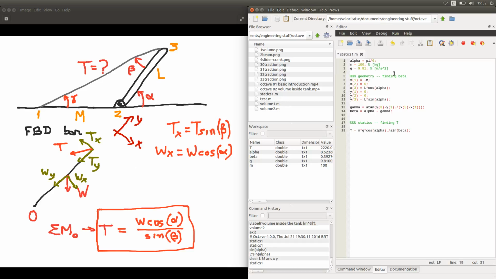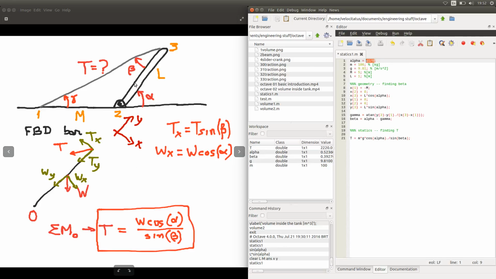Now we need to define these two new variables, so let's give a length m maybe the value of 5 meters, and also we need the length of the bar, which we can say maybe 1 meter. And also now we don't want alpha to be a fixed value, we want an array of values for alpha, so we can see what happens to the tension T as this value changes.